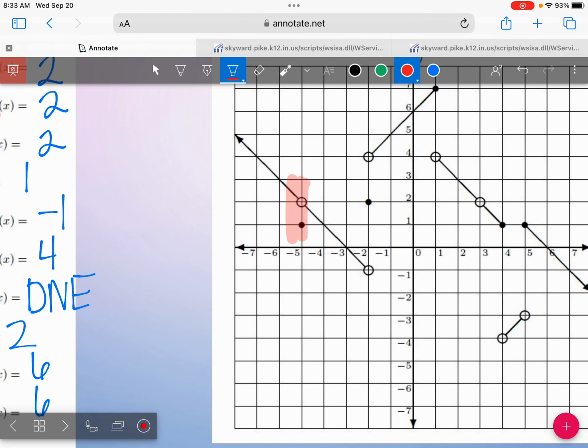What's happening right here in the graph? What kind of discontinuity do we have there? Is it a jump or is it a removable? Who says it's a removable? It's a removable because there is a hole in the graph. Remember, removables have a limit.